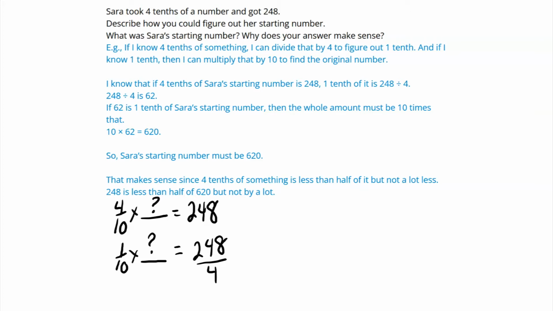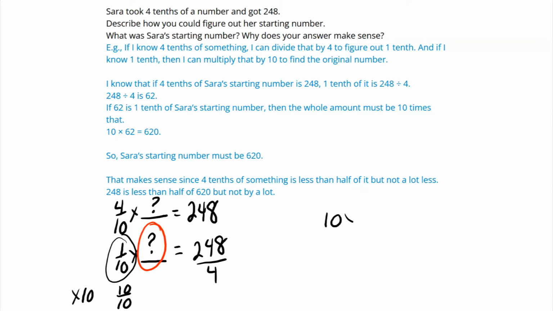But we want to get just this number all on its own because we want to know what that number is. So in order to get rid of the 1/10 times that number, we're going to multiply effectively both sides of an equation now by 10. So if we multiply that times 10, we end up with 10 over 10.